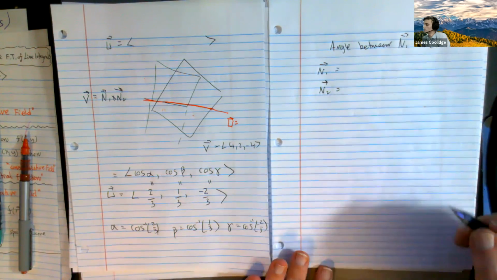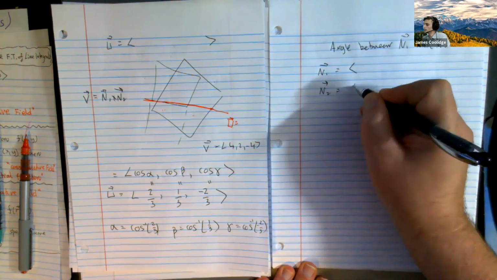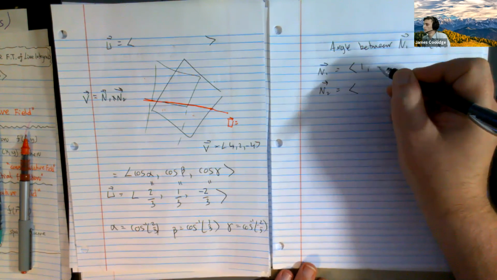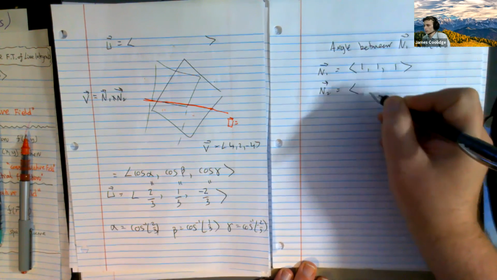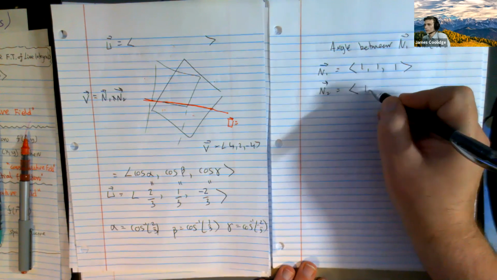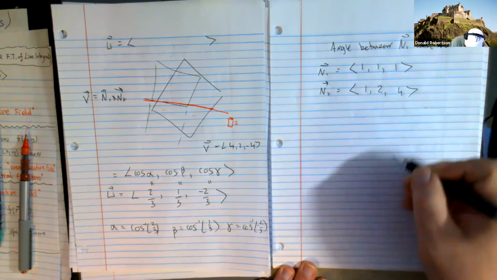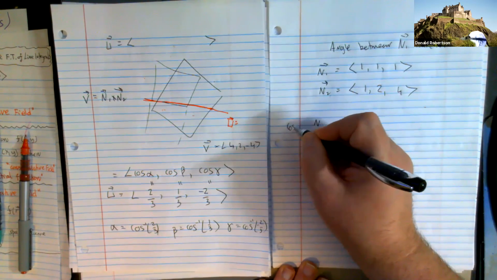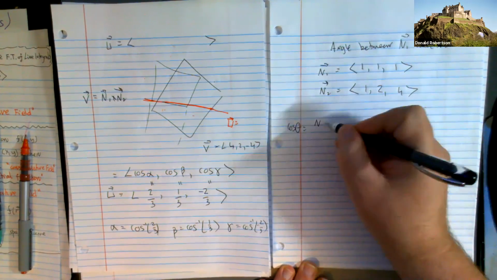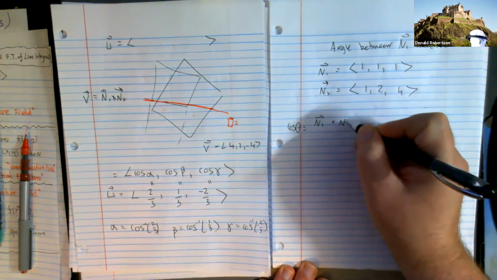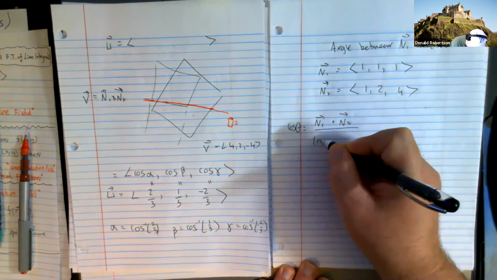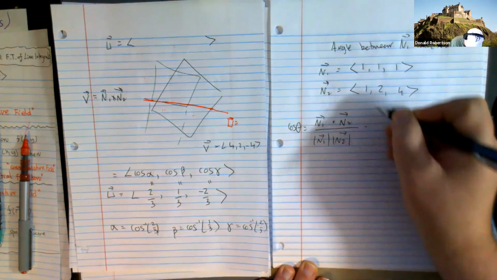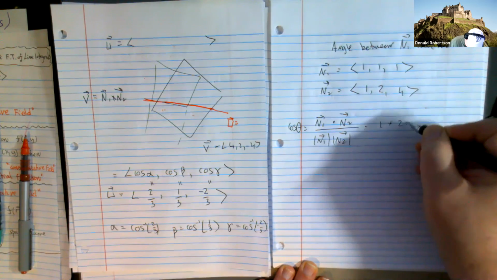The planes are x + y + z = 0, so the normal would be 1, 1, 1. And then the next normal would be 1, 2, and 4. Now you want the angle between those two. Oh, they only want the cosine. So the cosine of the angle is the dot product divided by their magnitudes. 1 and 1 gets me 1, 1 and 2 gets me 2, 4 and 1 gets me 4.